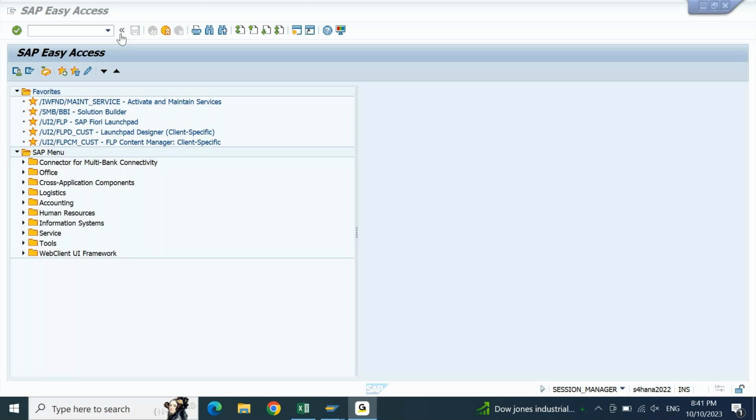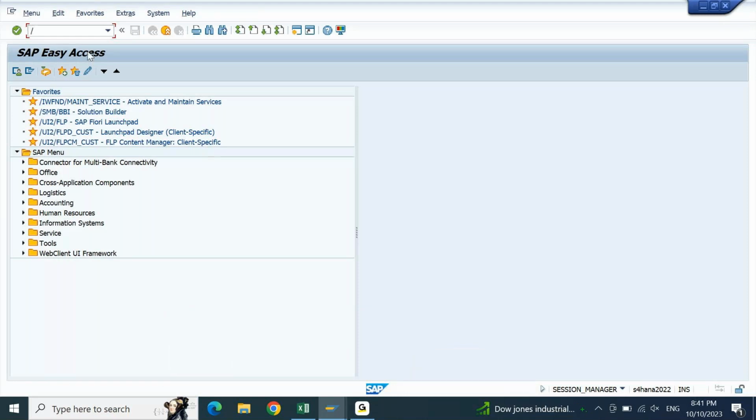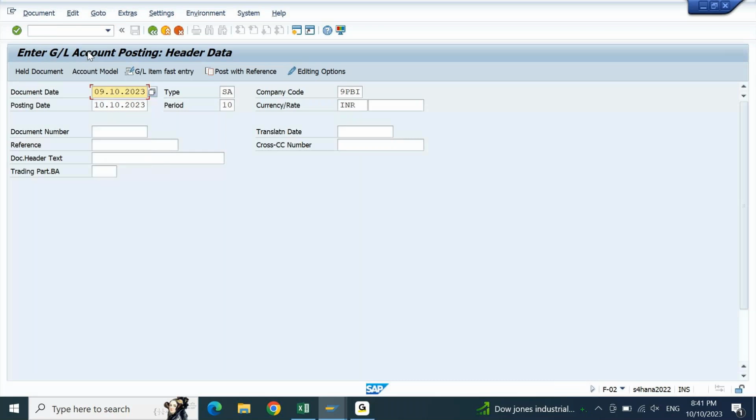So suppose you are posting to the non-leading ledger for January month, will it go to fiscal year 23 or 22? According to the non-leading ledger, I'll show you here. The fiscal year will be 22, right? I'll put the posting date, 2023 1st January. Clear?